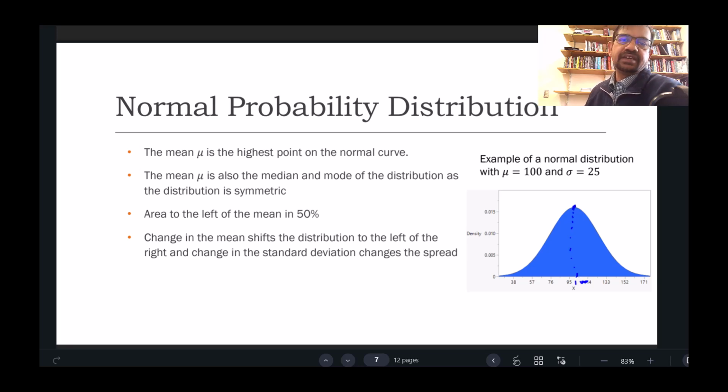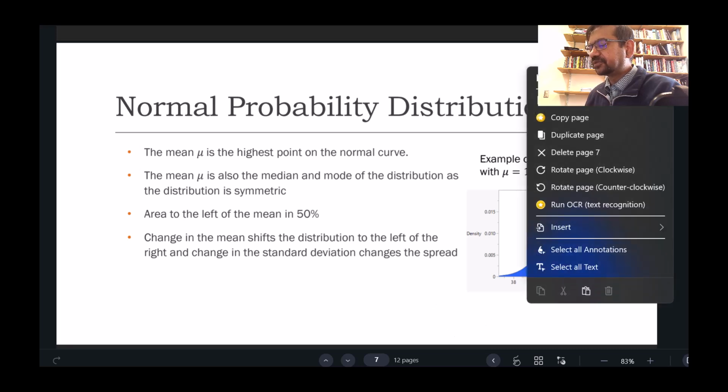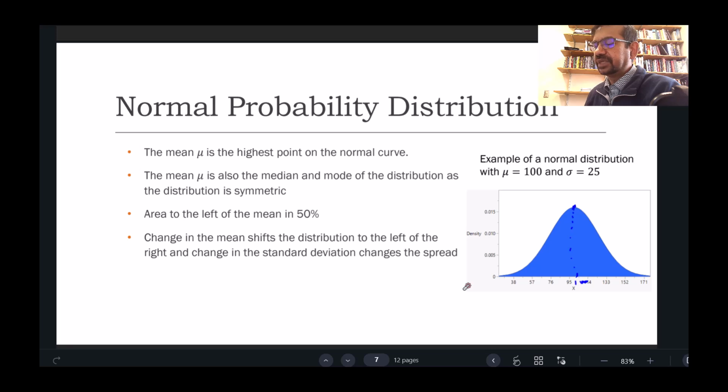In terms of the impact of changing the mean and the standard deviation on this shape, changing the mean for the same standard deviation will just shift the distribution. If the mean increases, you would expect the distribution to shift to the right with the same spread. And if the mean decreases, the distribution will shift to the left with the same spread.